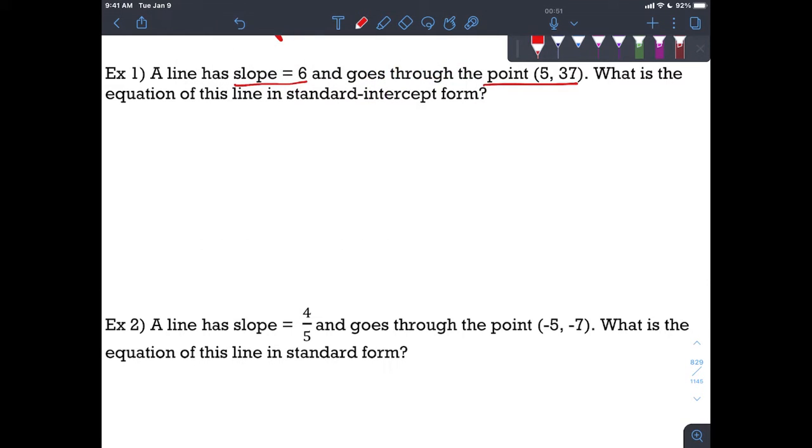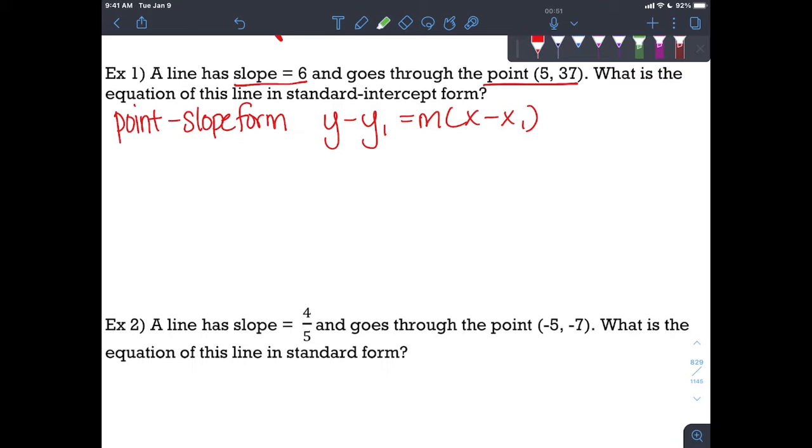Now, for the purposes of today, I will be using point slope form. Noticing that the only things that should be filled in are going to be my slope and a point, just like the name.